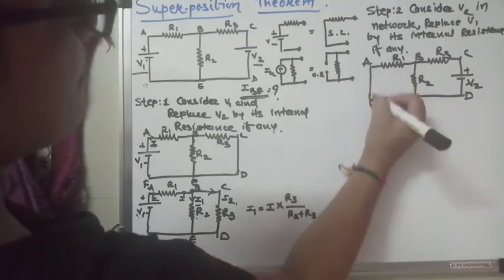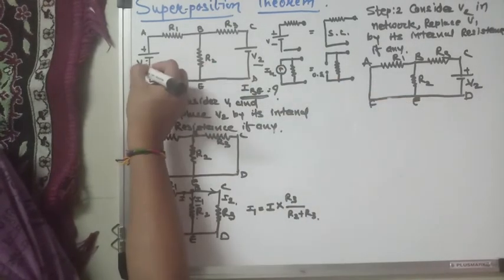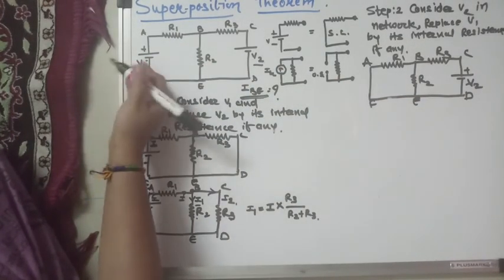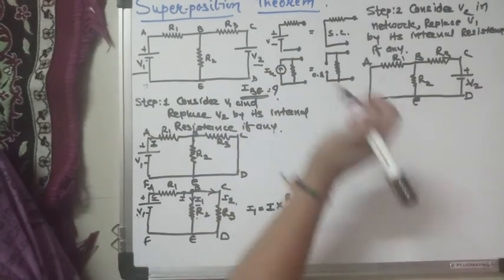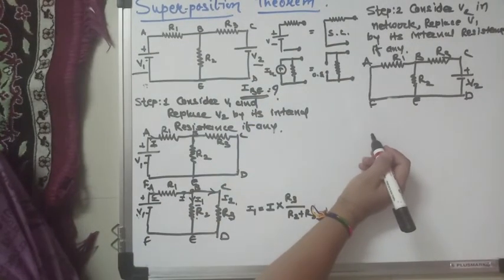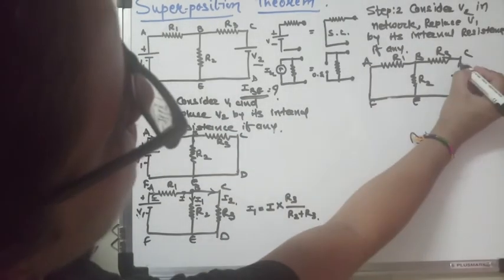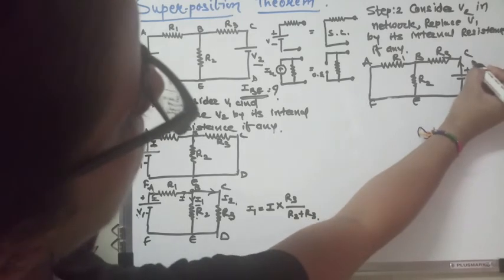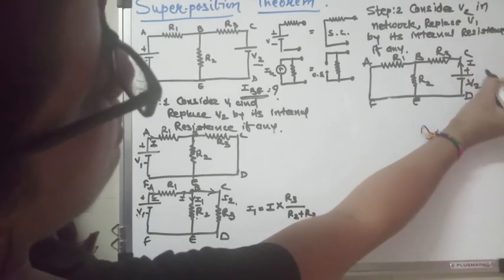Now my V1 is set to 0, meaning directly short circuited, because the internal resistance of V1 is not given, so it is considered as 0. It is directly short circuited like this. Now repeat the same procedure. Say the current I is supplied by the source V2.